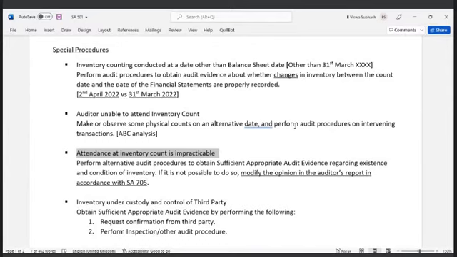But when they are able to go, but you are not being allowed to, that is what you need to take into consideration. When the attendance is impracticable, either because of your condition or because the entity is not allowing you to go to that place, then you need to modify the opinion in the auditor's report.